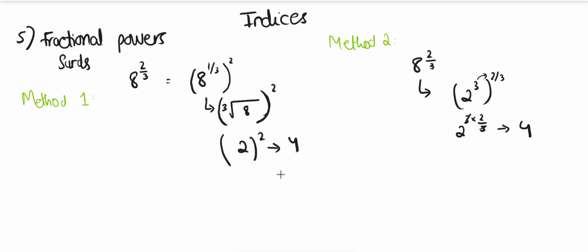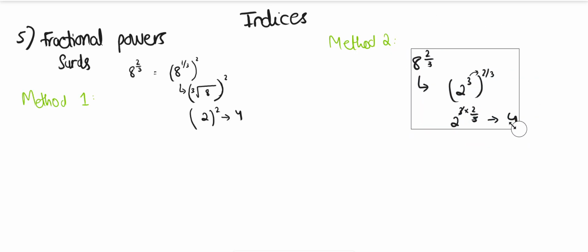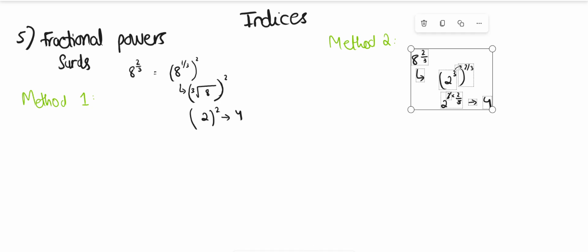Let's have a look at another example. Let me just diminish its size. So another example is 64 raised to the power of 2 by 3. If there is a student with extraordinary mental maths, okay, let's do this first here.